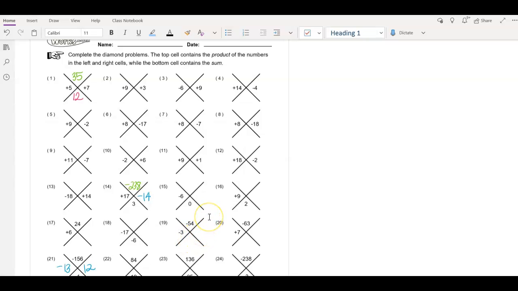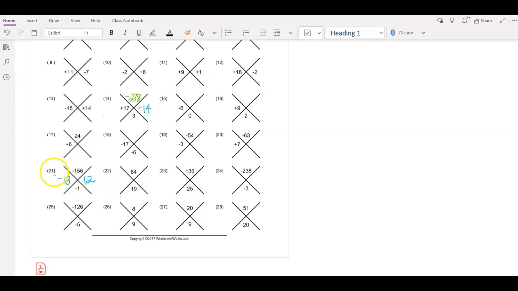And then when we get to 21 to 28, these are the hardest version. Basically, we're going to give you the product and the sum, and we want you to figure out what the 2 factors are and which signs they are supposed to be. Remember, signs are very important in this. If you look at my first example of the hardest kind, my product is negative 156 and my sum is negative 1.